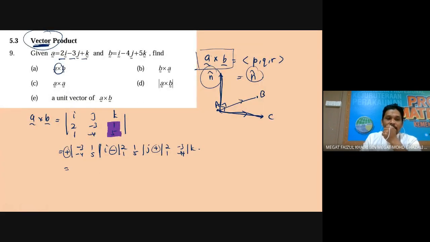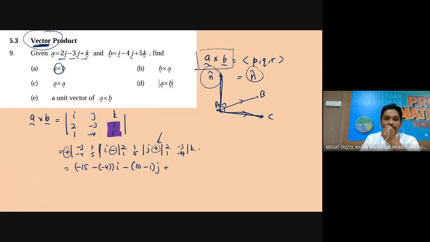So then, it is now -3 times 5, -15, minus 1 times negative 4, equal to negative 4i. Minus 2 times 5 equal to 10 minus 1 times 1 equal to 1, j.